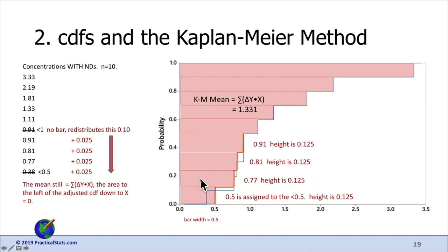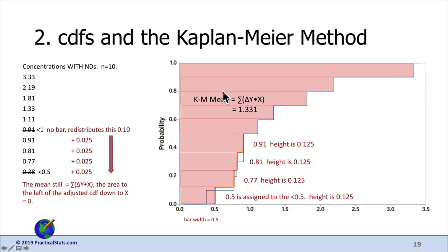The 0.77 has a height of 0.125, and the 0.5, which is the lowest non-detected value, is treated as a detect, and it has a weight of 0.125. From that, you can, just as we did before, sum these areas up, and that will be the Kaplan-Meier mean. In this case, it's 1.33. Pretty close to what it was before. I've left the older CDF, the one before I censored those 2 numbers here in, I think it's blue, just to see the difference between them.